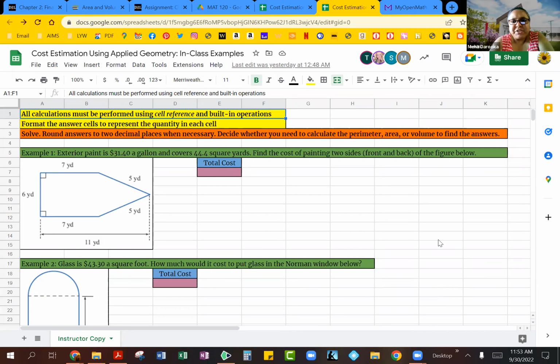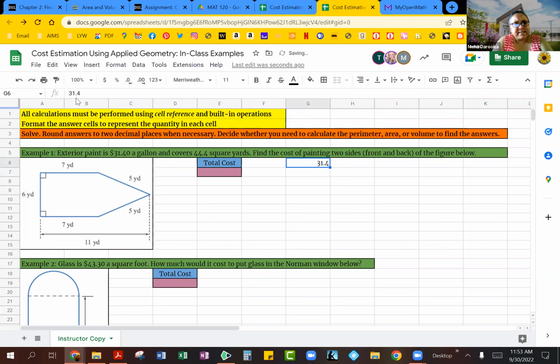So the first question is asking us, we have an exterior paint which costs $31.40 a gallon. So I'm going to put that amount over here, $31.40. And since this is a dollar amount, I'm going to format it, and you can see the little dollar symbol here. So we know this is a dollar amount.